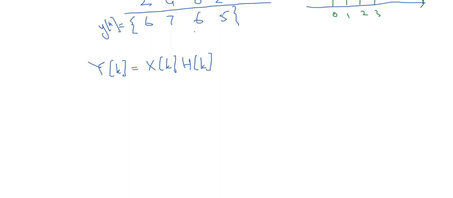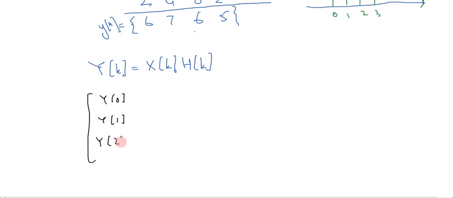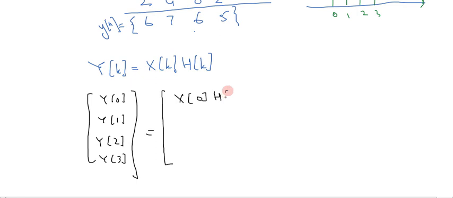And in matrix notation, what you have is y of 0, y of 1, y of 2 and y of 3, and it is equal to x of 0, h of 0, x of 1, h of 1, x of 2, h of 2, x of 3, h of 3.